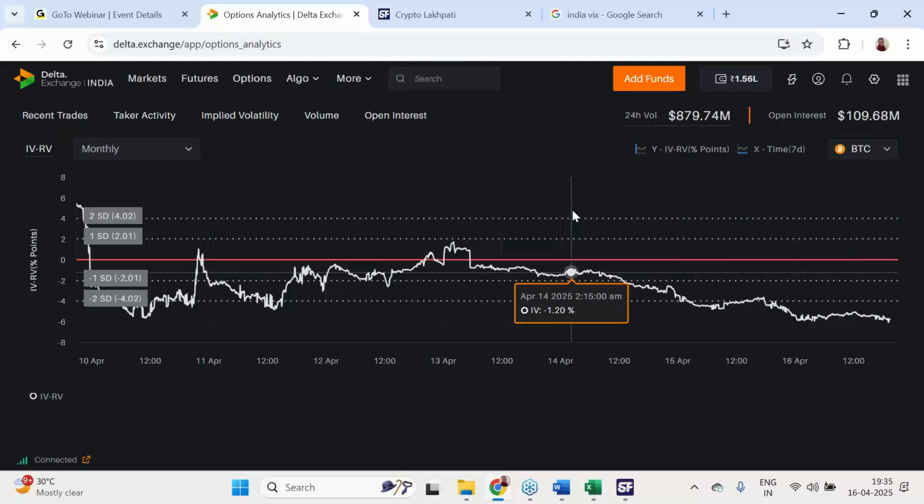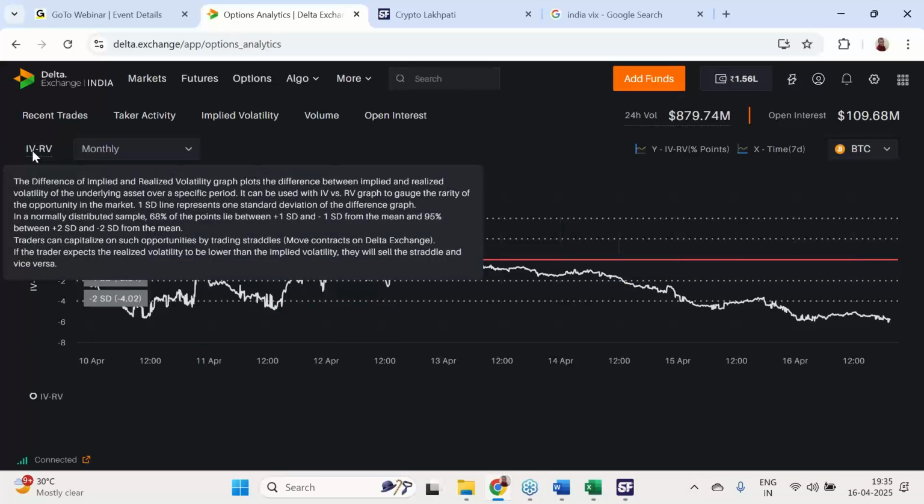And monthly, every time one data point comes, the Bitcoin price is changing. By taking those data points using the logarithmic method to find the yearly volatility of Bitcoin, you take the difference: implied minus realized.